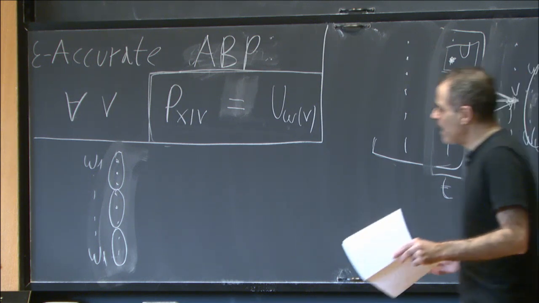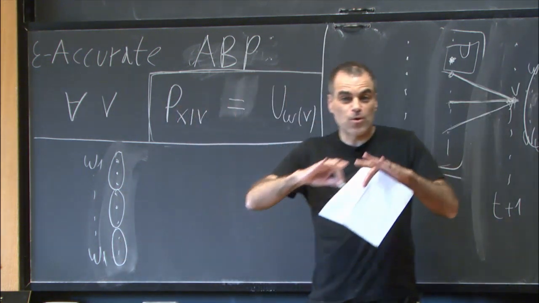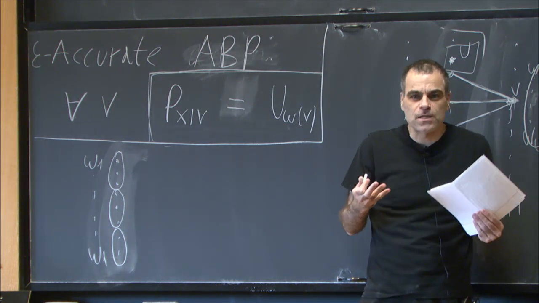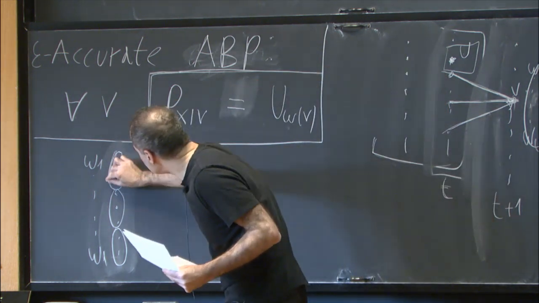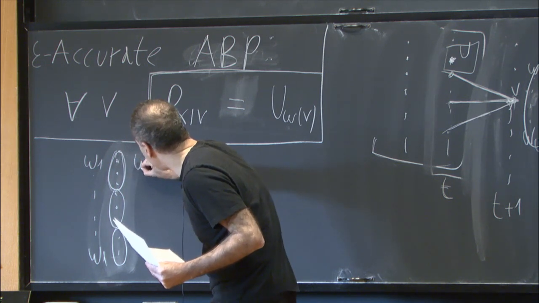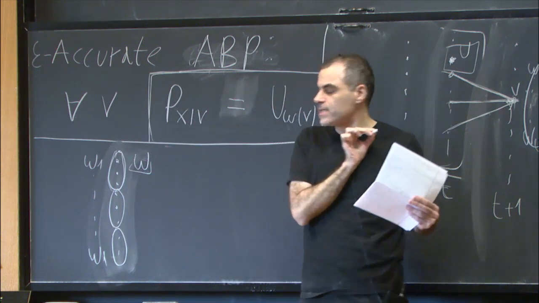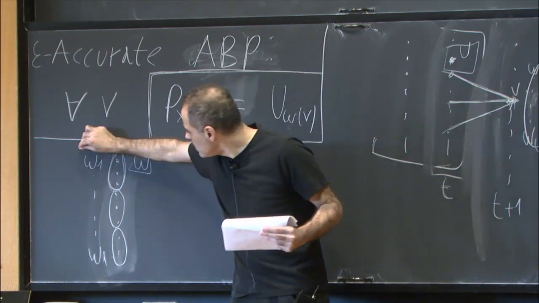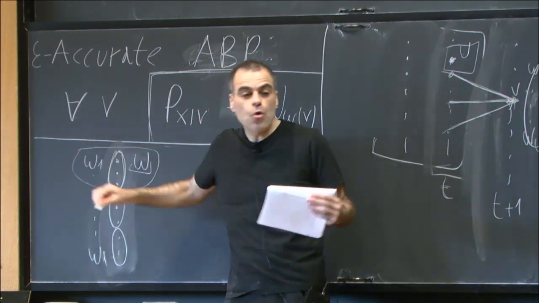Okay, so we have the W1 to WL. We want to group them into sets. What do we expect from this regrouping? So for each set here, we will have another affine subspace W. This affine subspace and this set should satisfy two conditions.